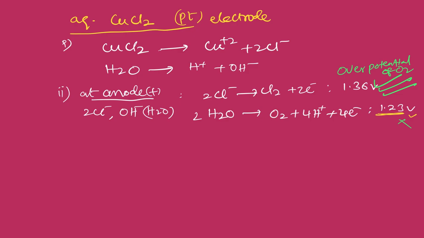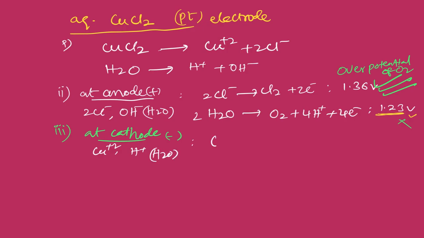Therefore, now the third step, at the cathode. At the cathode, what is the charge? Negatively charged. In that, we will get the positively charged ions Cu2+ and H+, which is actually from water.